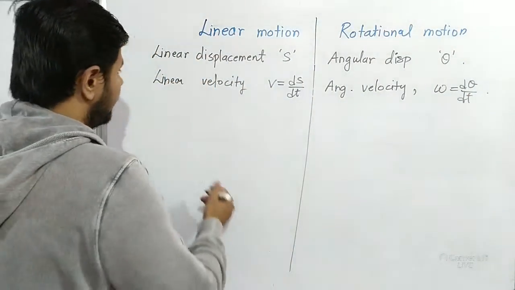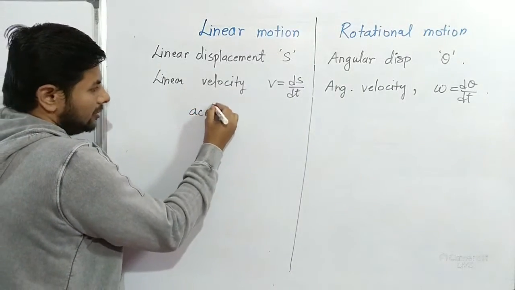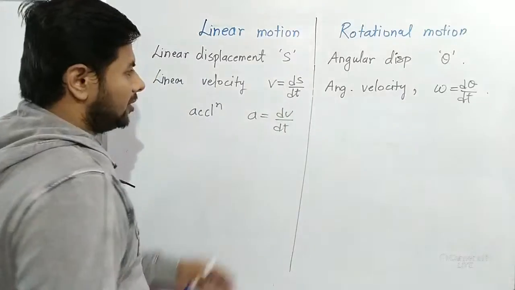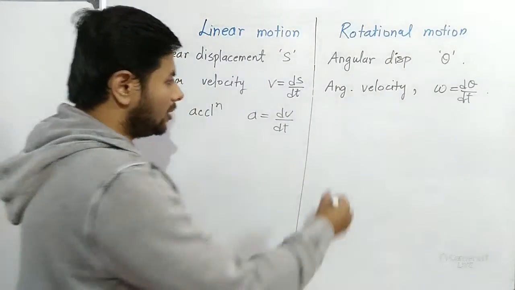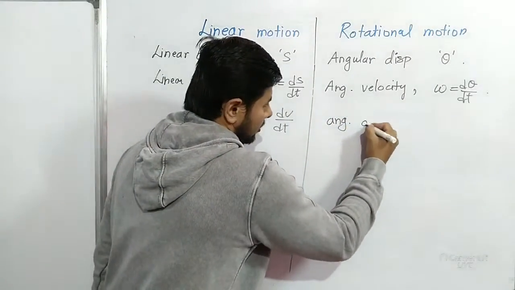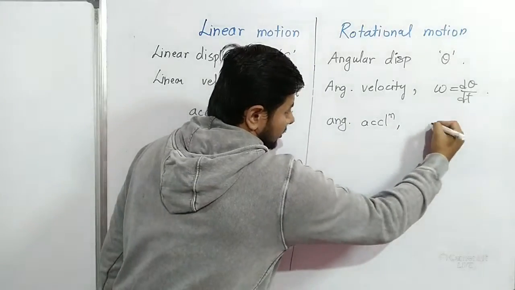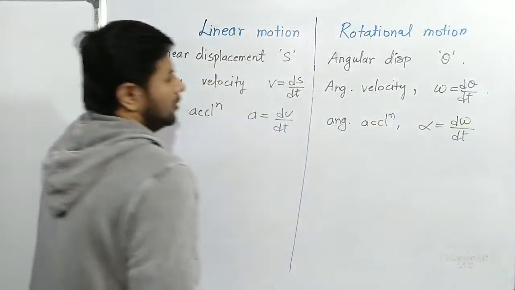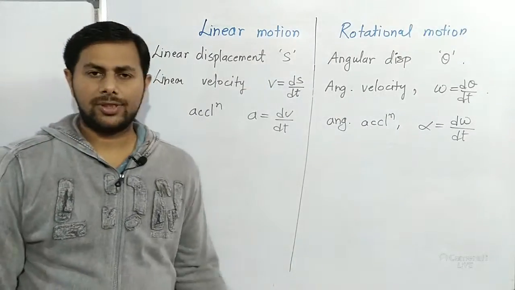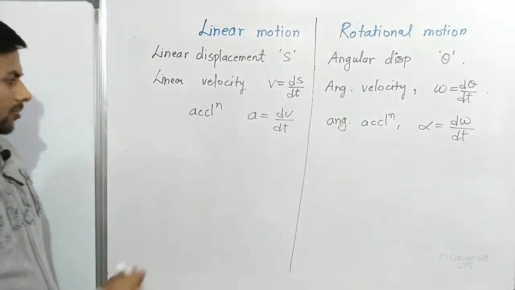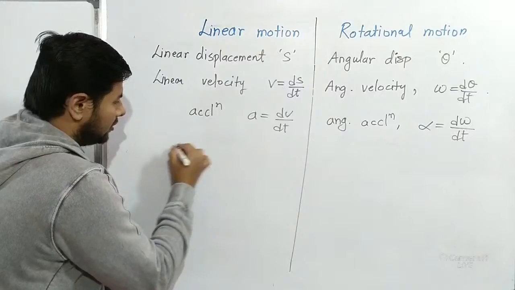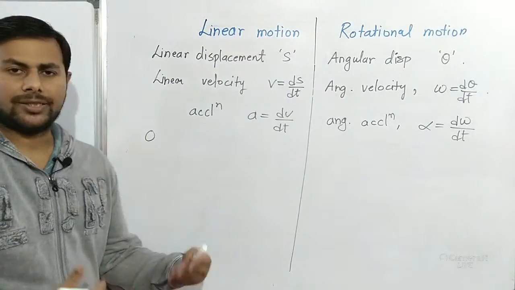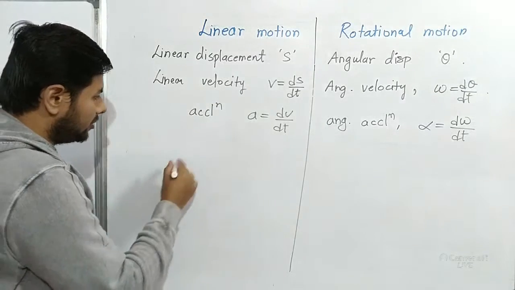Similarly, linear acceleration is dv by dt, rate of change of linear velocity with respect to time. Angular acceleration alpha is d omega by dt. So this is for the kinematics. For dynamics, we have a quantity which determines inertia of linear motion.